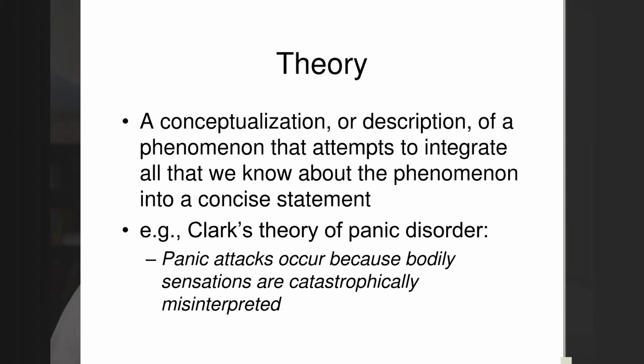We can use his theory and then create research studies based off that theory. Again, that theory is: if my heart is beating rapidly, I start to have a catastrophic misinterpretation. I'm dying is maybe a thought that I might have. And then I start to feel more anxiety, which leads to a full-blown panic attack.